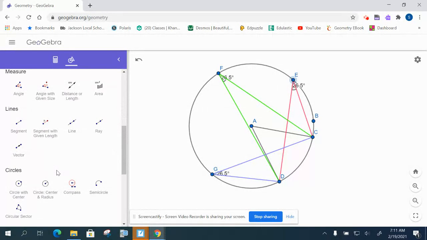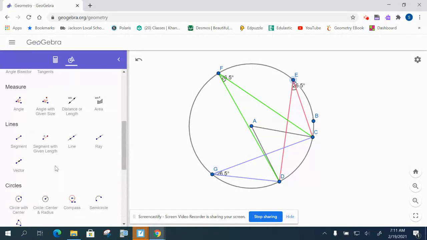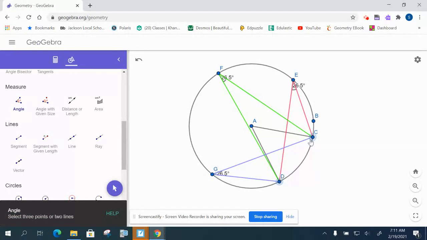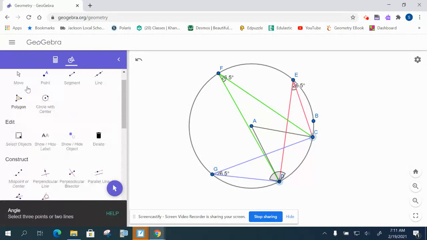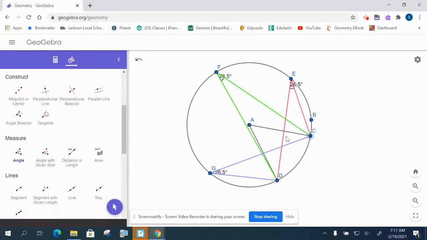Now, I wonder if we can find the measure of an arc. No, that won't let us find the measure of the arc. How can we find the measure of the arc if we found the measure of the central angle? So I'm going to go back to the measure, CAD.